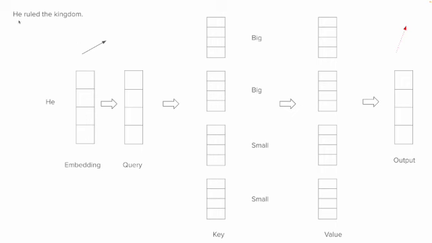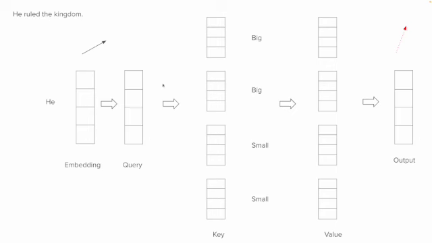Now we take the word he, we find out the query for the word, and we take the key values for all other words. So he itself, ruled, the kingdom, and we do a dot product of this. So we say that which query and key are similar.